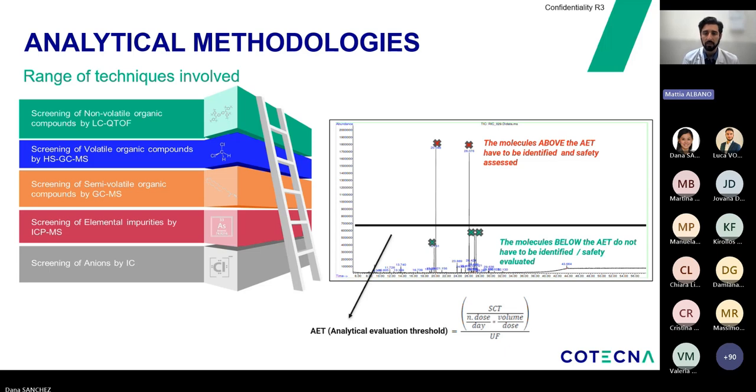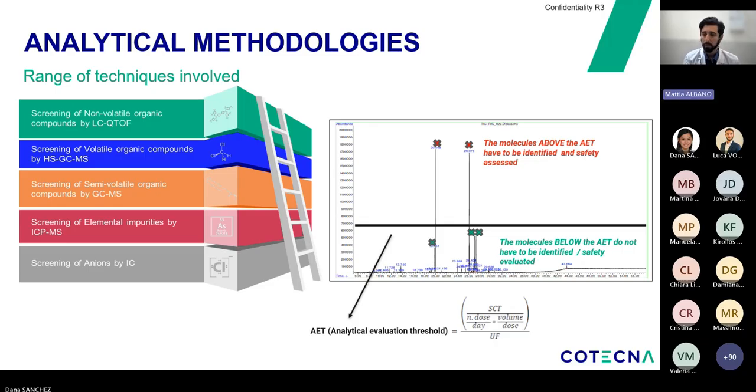These families are detected with a non-target approach, but we also have a family of compounds detected with a target analysis. For example, elemental impurities detected by ICP-MS and anions, for example, detected by ion chromatography.